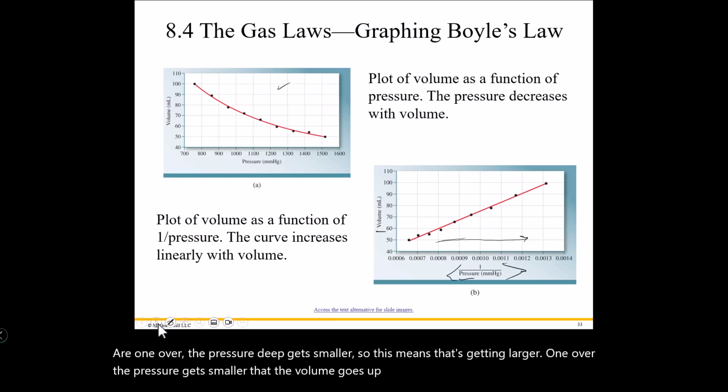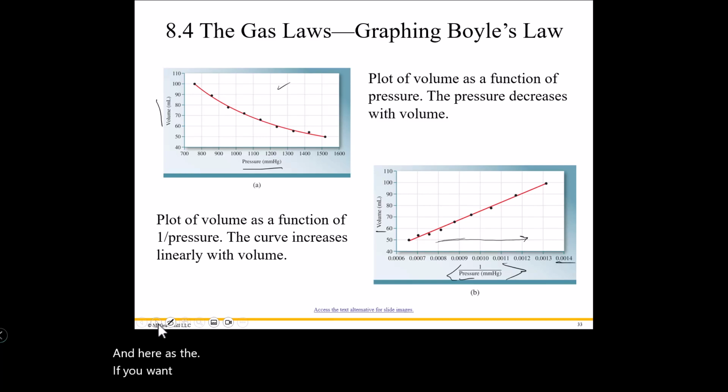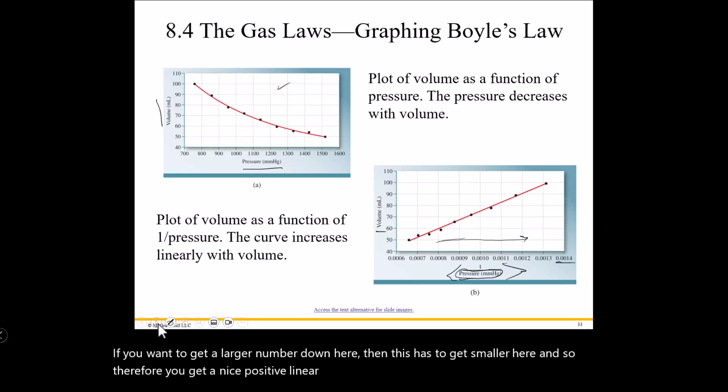So as you can see easily here, as the pressure increases, the volume decreases. And here, if you want to get a larger number down here, then this has to get smaller here, and so therefore you get a nice positive linear line there.